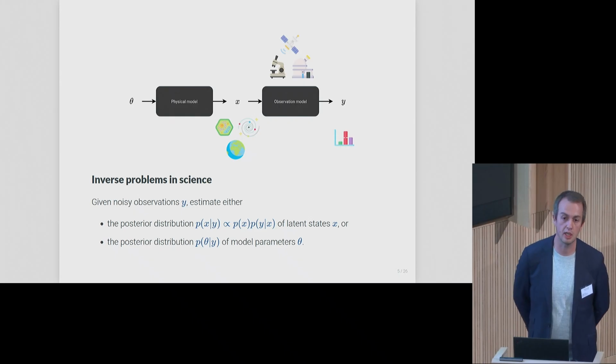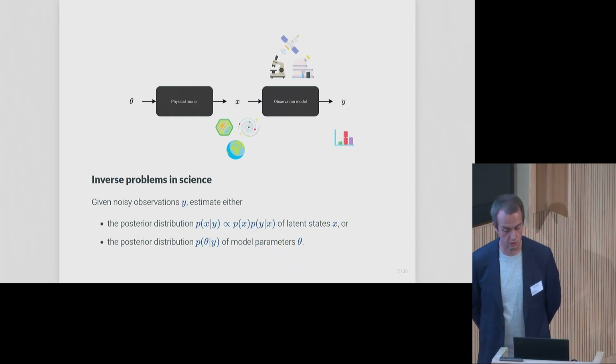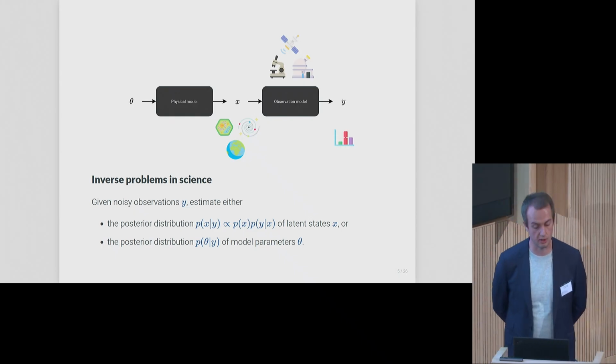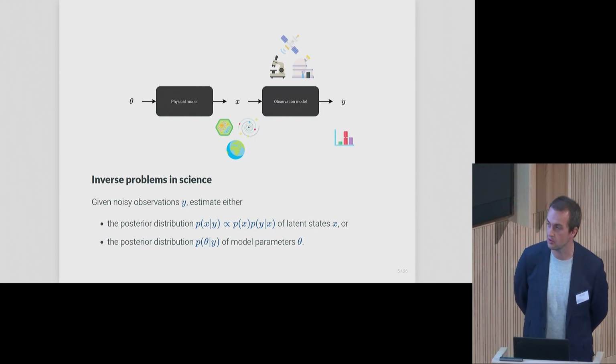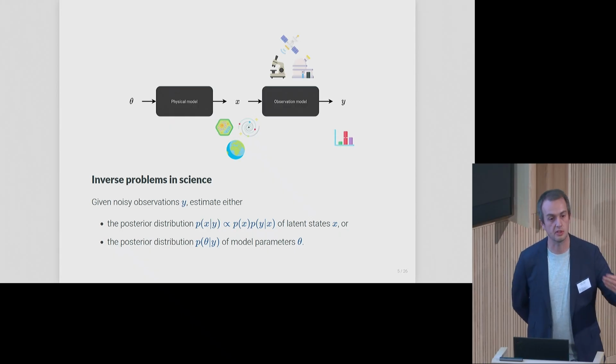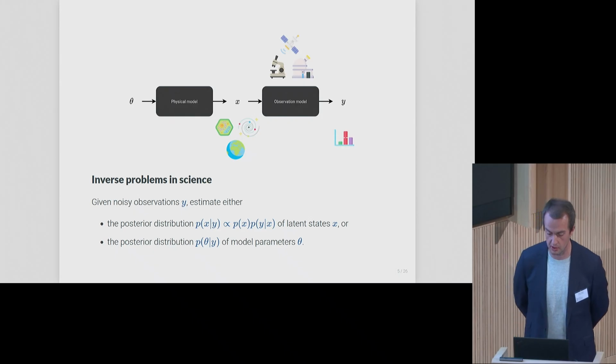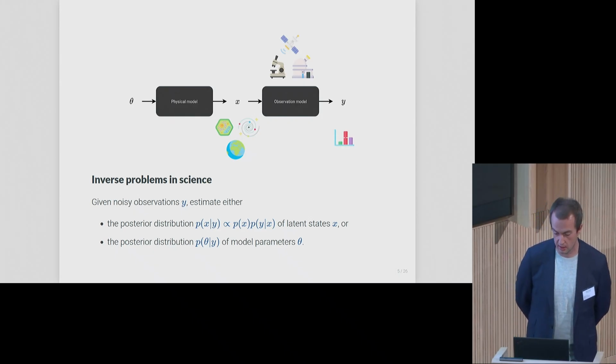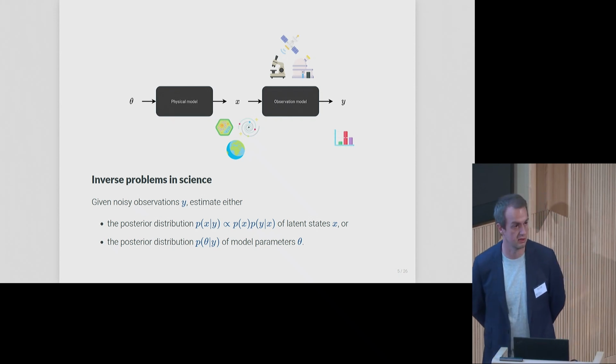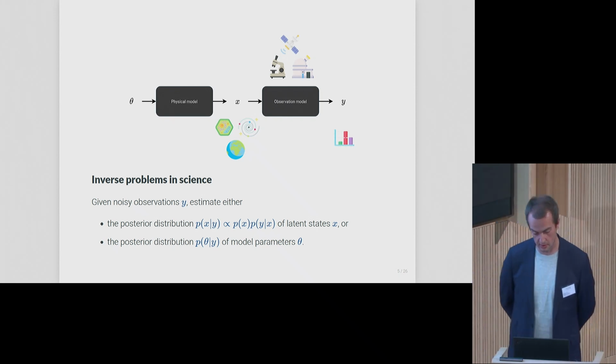And not only do we want to do that, we also want to quantify the uncertainty in our estimates. Formally, we can frame that as a Bayesian inference problem, and our goal is to estimate the posterior distribution p(x|y), the posterior distribution of the latent states, the state that we can't directly observe, given an observation Y, or the posterior distribution over the model parameters theta given that same observation.